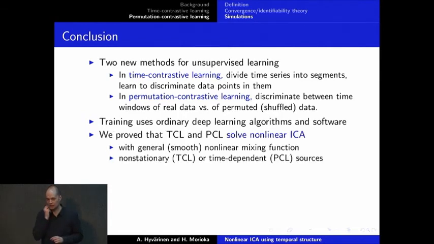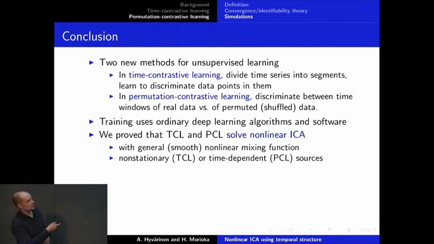But then the main contribution here really is to prove that these two methods estimate nonlinear ICA. So each of them estimates one specific form of the nonlinear ICA model. And these two forms of nonlinear ICA models are rather direct generalizations of separation principles which are quite well known in the theory of linear ICA.